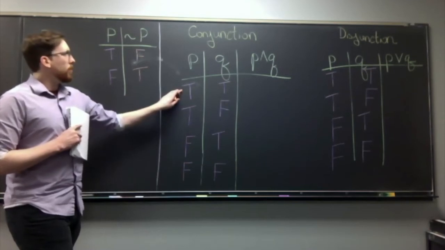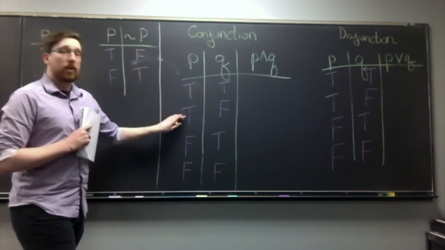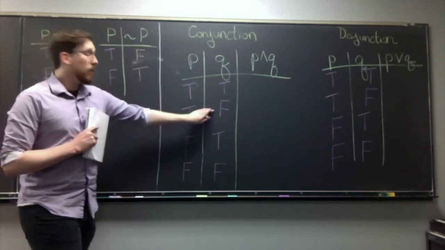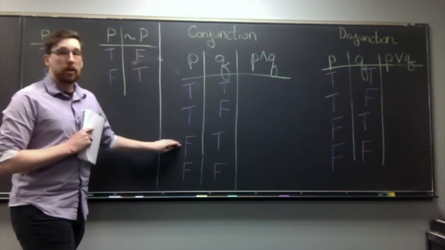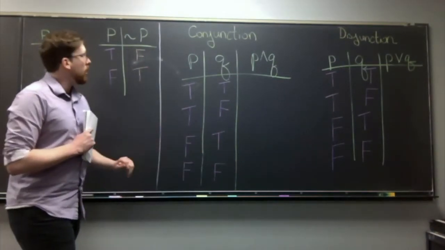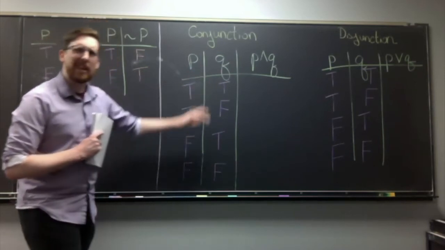If P is true, Q could be true. Alternatively, if P is true, Q could be false. If P is false, Q could be true. And if P is false, Q could be false. So we have to consider each of these statements.